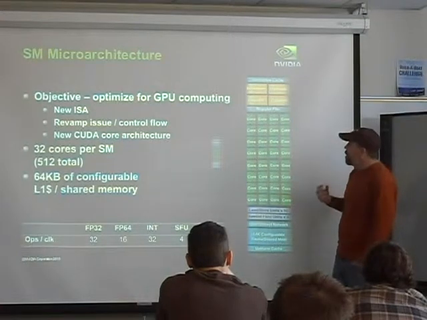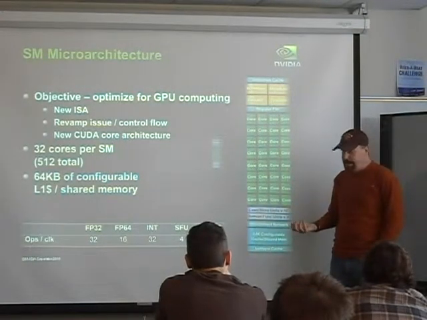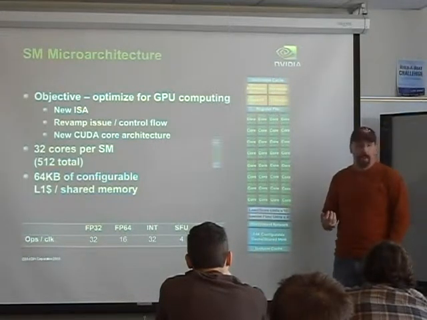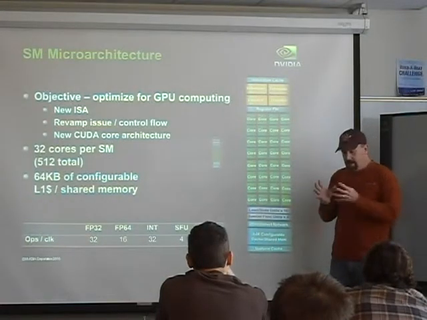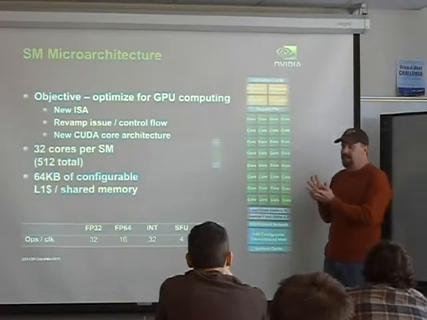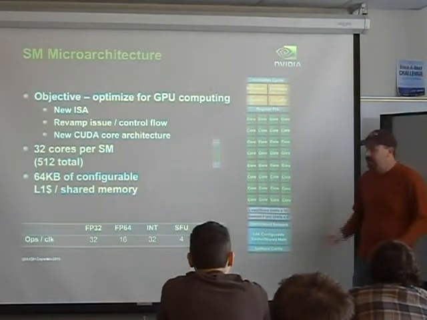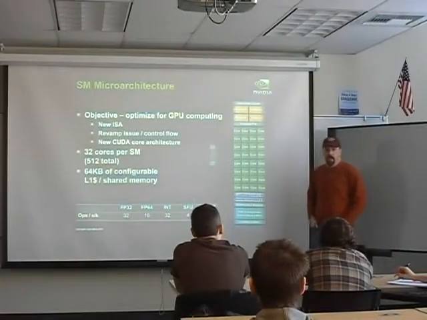We talked earlier about how things all started out with very specialized, fixed functionality. Now we've moved very far away from that, where each computational cluster, SM if you will, I'm just going to call it SM because it's a smaller thing to say, has a lot more flexibility about what it can do.